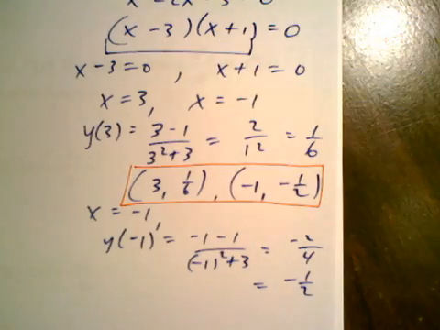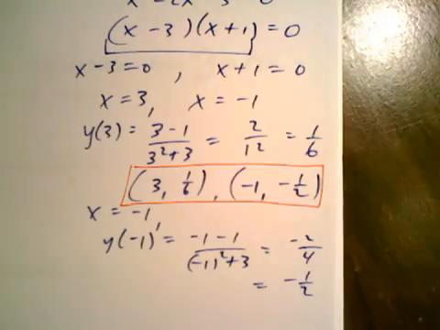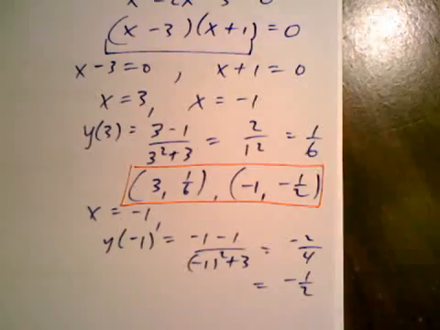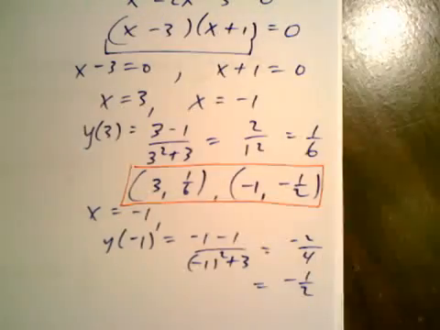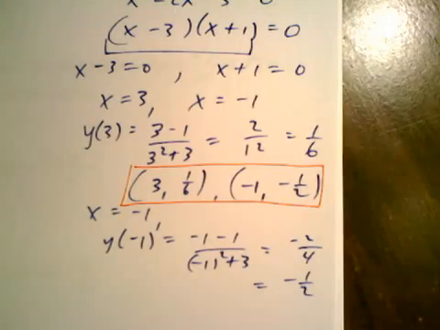It would be interesting to draw the graph. I'm probably not super interested in doing this, but I'm going to go ahead and type into my y1 x minus 1 divided by x squared plus 3, and then graph that.